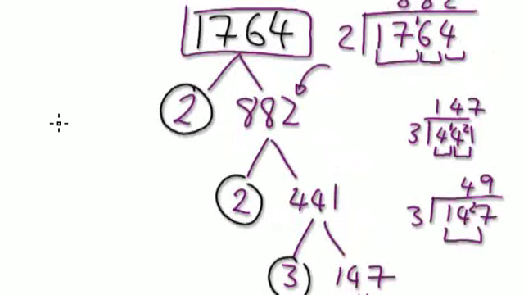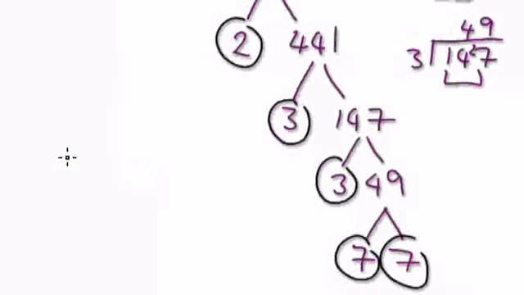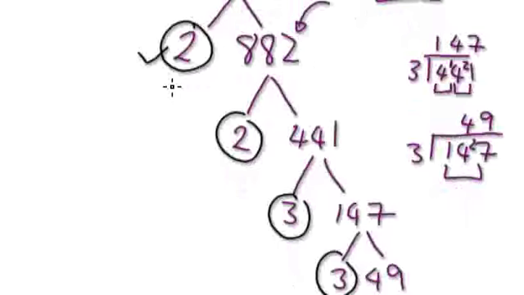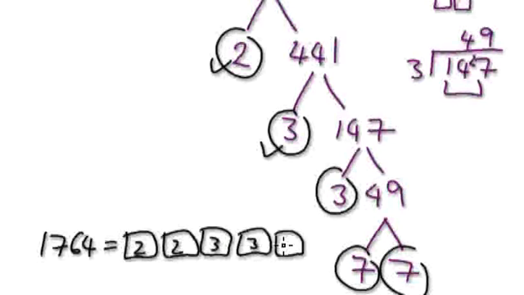So I could write 1764 equals 2. So that's done. Times 2. So that's done. Times 3, times 3, times 7 and times 7.